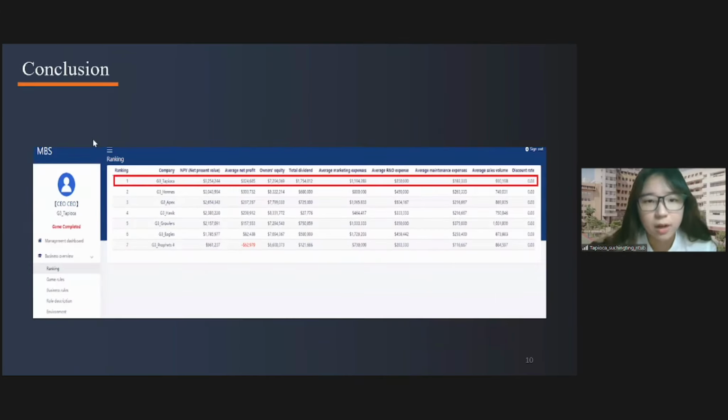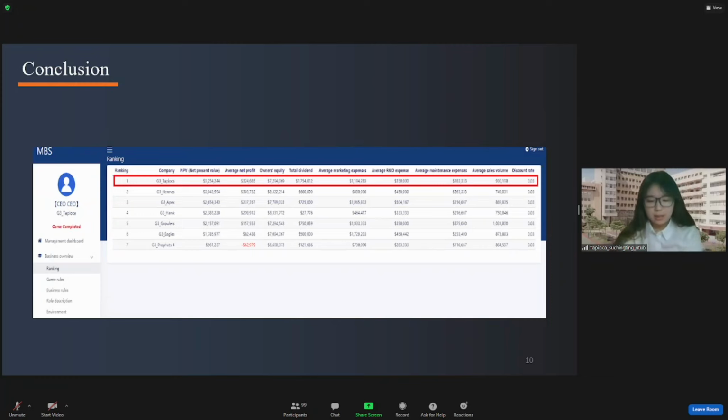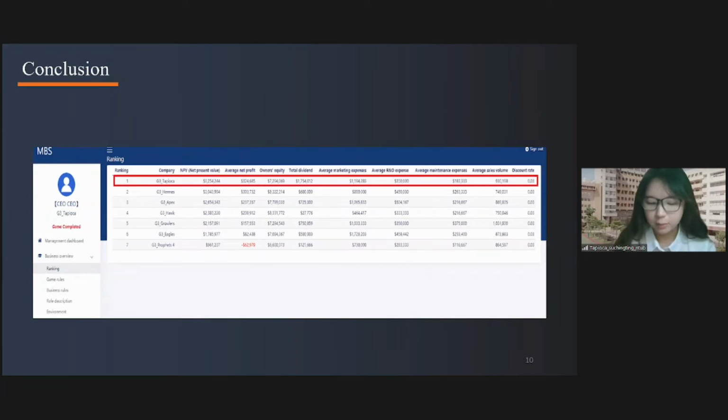As you can see from our overall performance and from the industry background, we know the marketing campaign effect is really high and will affect the market.